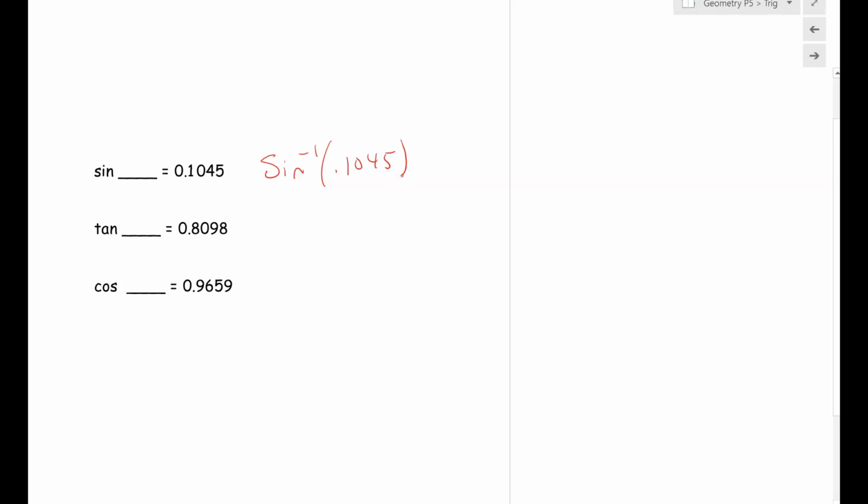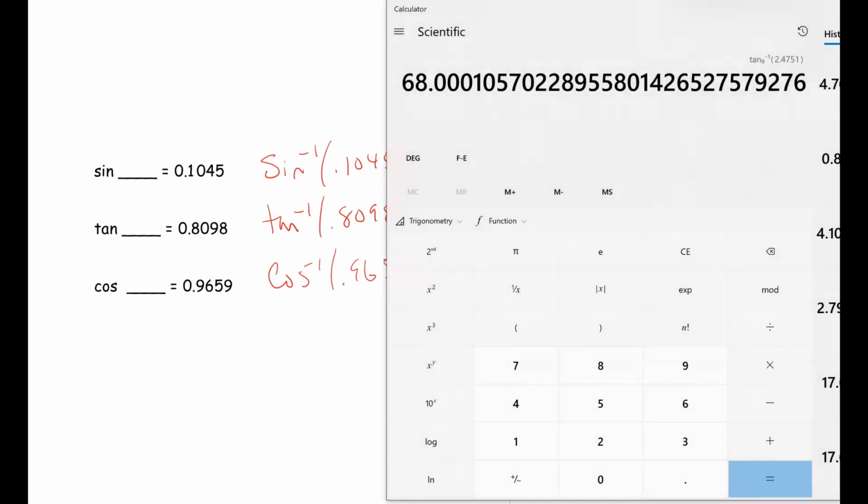Type in all of that number. Okay? And then this one, we're going to go tan of -1 of 0.8098. And then this one is cosine, -1 of 0.9659. Okay? Again, depending on your calculator, how you're going to do it, but I'm going to use this one.